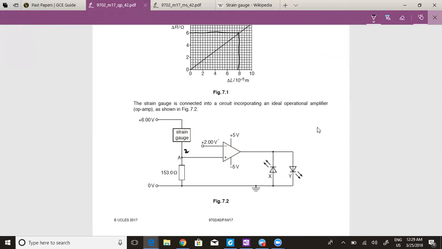When the strain gauge gets more resistance, it will get more voltage, due to which the negative inverting input will be having more voltage than the non-inverting input. इसकी वजह से output will be negative, which means the current will flow in the reverse direction, and so it will flow through the X diode, making it shine. Basically, like potential at A, if that will go down, तो वो positive में जा रहा है तो negative से कम हो जाएगा, and then so on. Exactly.